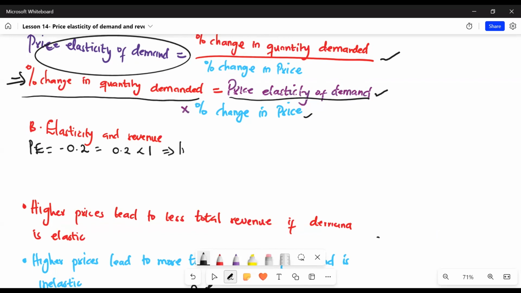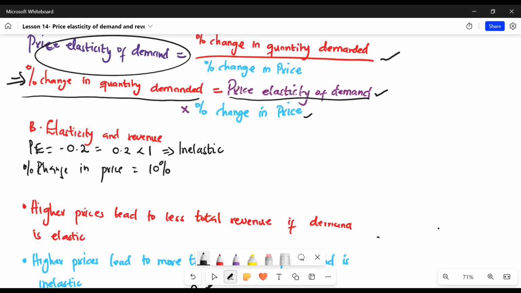This means that this good is inelastic. So you can project that if your price were to rise by 10%, so let's say the percentage change in price is 10%.